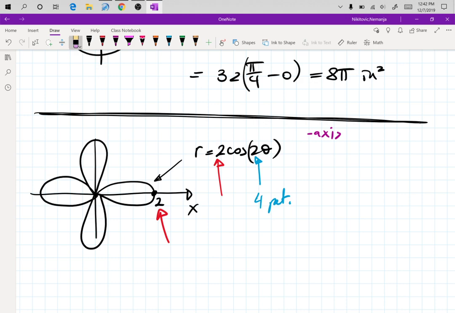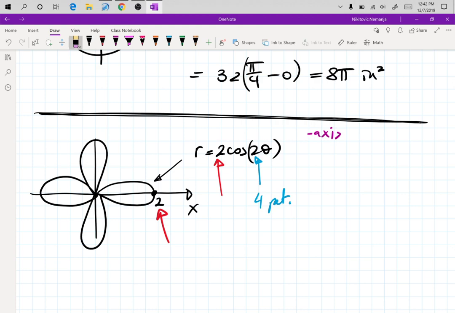That would be cosine 2 theta is equal to 1/2. And we know that cosine is equal to 1/2 at pi over 3, right?